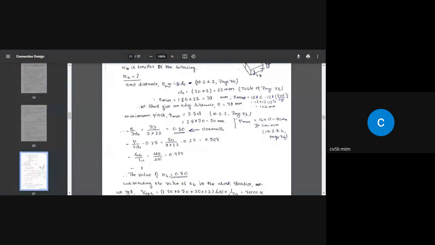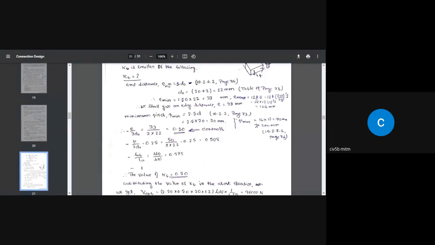If you go to page number 74 under 10.2.4.3, first column, at the end, it gives the e maximum value, that is the maximum end distance you can give: 12 times t epsilon. In this case epsilon becomes 1, because fy equals 250 Newton per millimeter square for an Fe 410 plate.